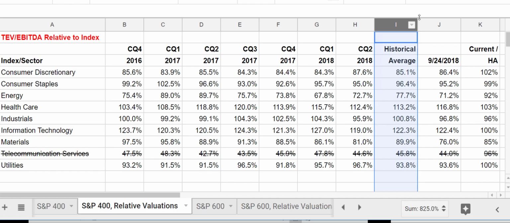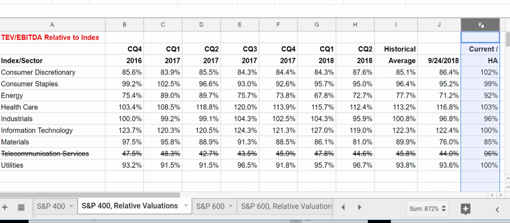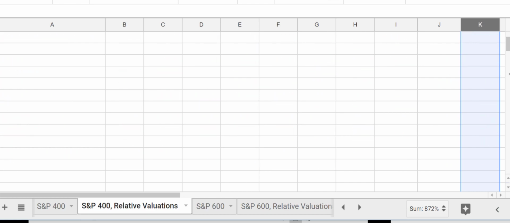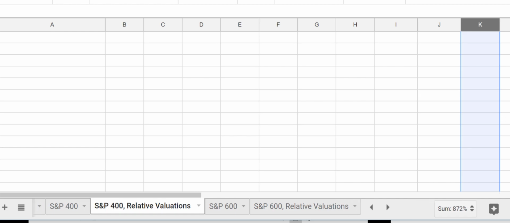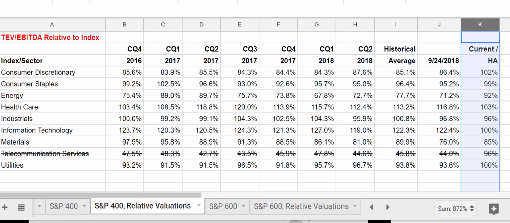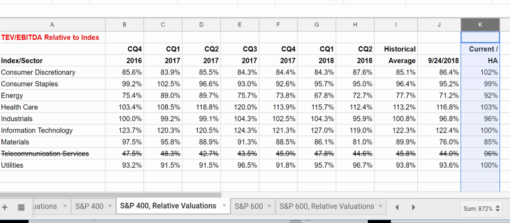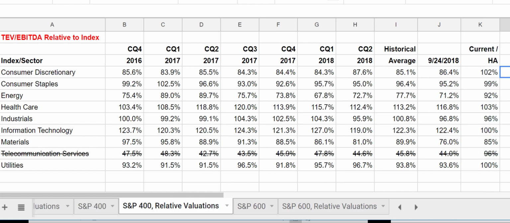And let's try and compare I and J, and that's what this column K does, and reach a decision about whether these sectors are undervalued or overvalued, basically based on what their historical premium or discount was relative to the index.